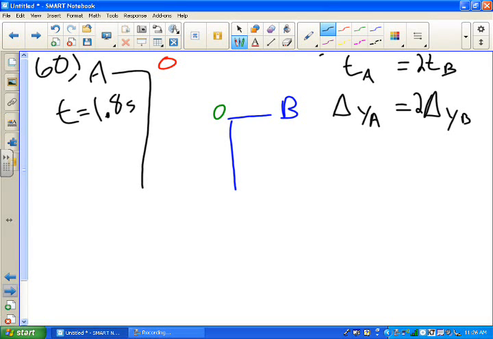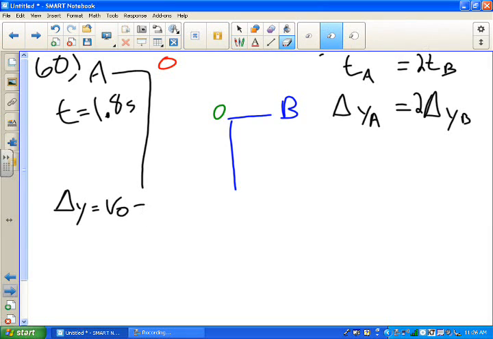It would take half the amount of time. But now we're asked to find the height. Now that I know the time for cliff A, which is 1.8 seconds, I can plug it into an equation and find the height of the cliff by solving for delta y.